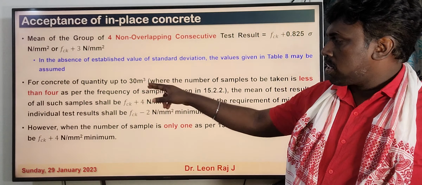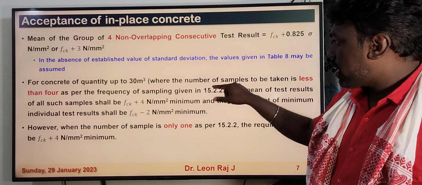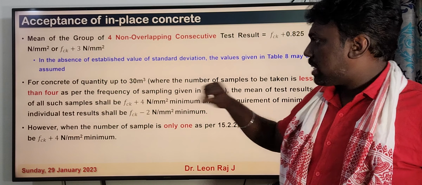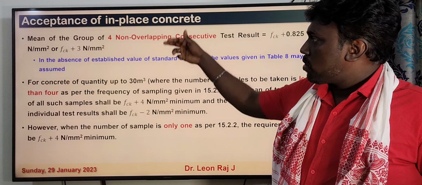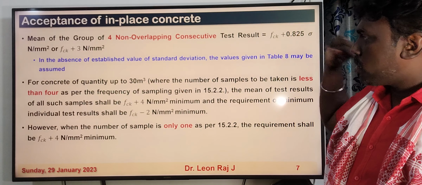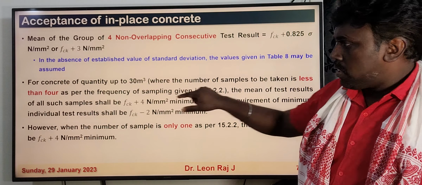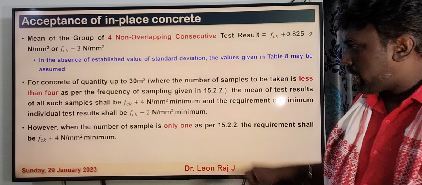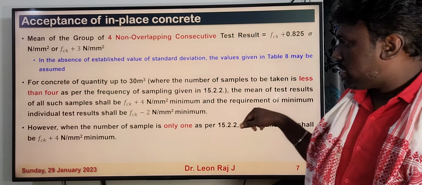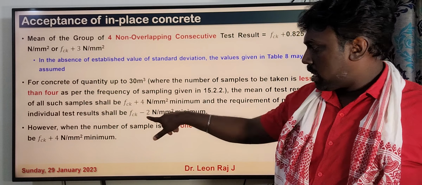For concrete quality up to 30 meter cube, where the number of samples to be taken is less than 4. So here we discussed the condition for 4 non-overlapping consecutive test results. In case of less than 4 non-overlapping consecutive test results, the criteria is fck plus 4 Newton per mm square, and individual test results shall be fck minus 2 Newton per mm square.